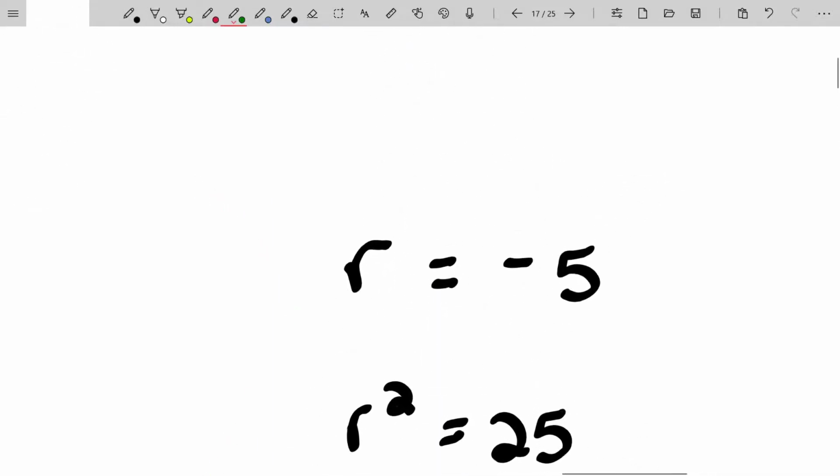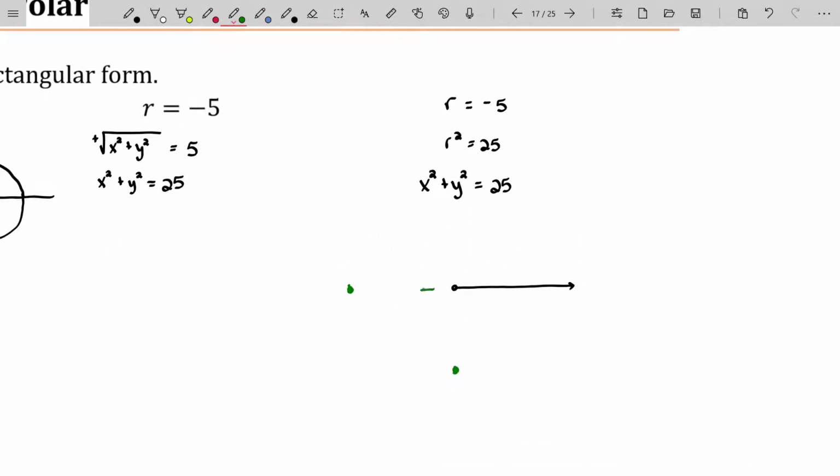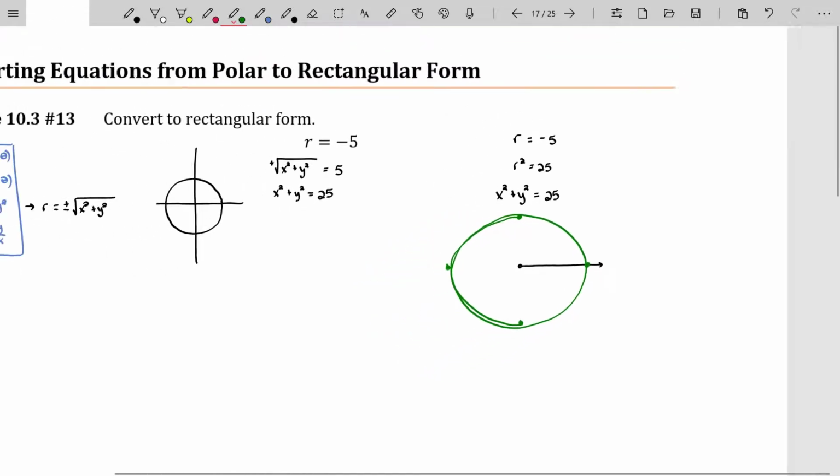What's r? Well, it's still negative 5. So if I'm facing this direction, which is pi, I'm going to plot a point 5 units behind me. Same thing if you're facing downward, you plot a point 5 units behind you. So really what you're plotting is a circle of radius 5. So it is the same circle, no matter what.